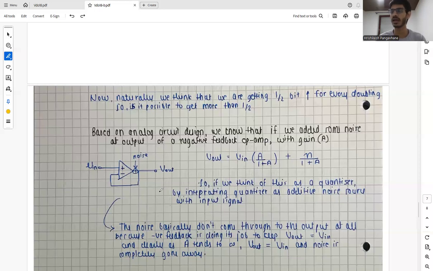Now here come a few concepts of analog circuit design.